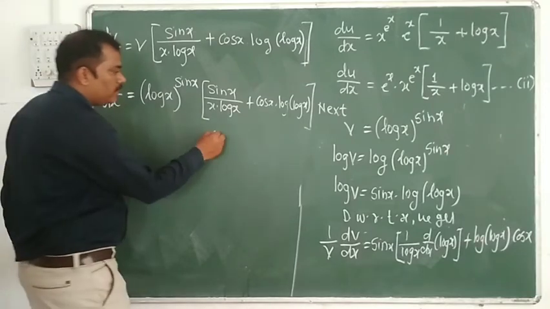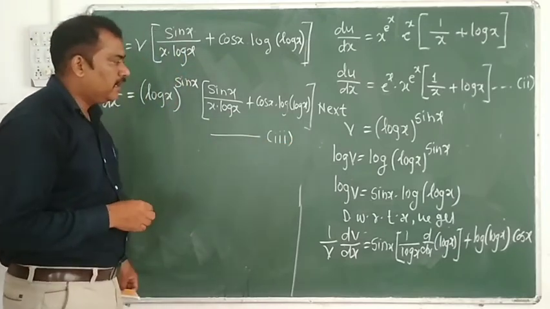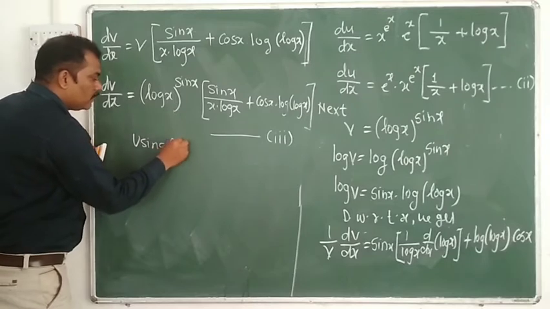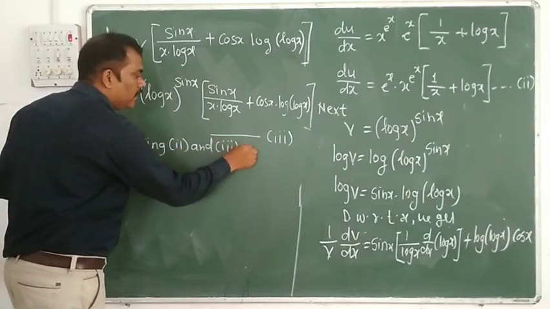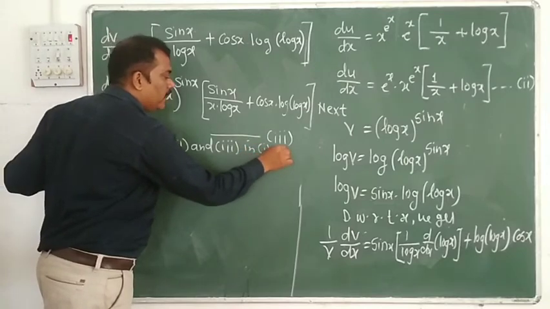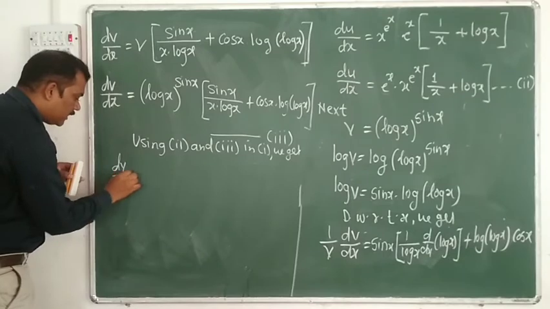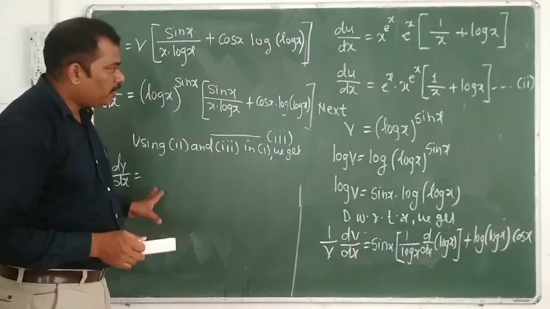Suppose that we number this as third. Now we have to use second and third in the first. Using 2 and 3 in 1, what do we get? dy by dx is equal to du by dx.